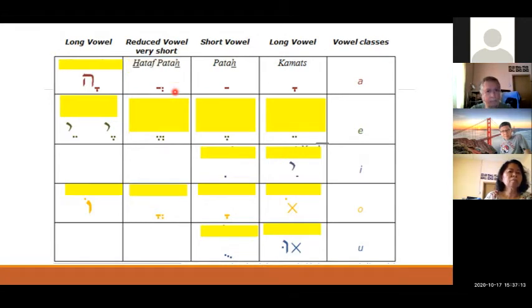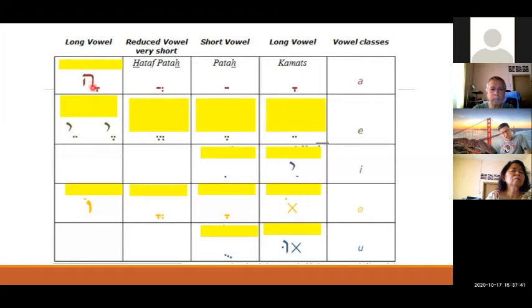Very good. Okay. And the next one is the long A vowel, which includes the kamats and the hey. It is the kamats hey vowel. You probably did not see it previously, but you see it in this chart. It is using the kamats vowel and the letter hey. So in this case, the letter hey does not act like a consonant.